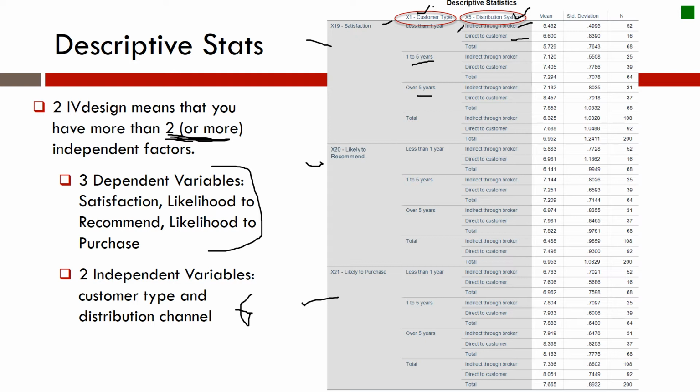You could find, for instance, that the groups of customers vary across these 3 dependent variables. You may find that they also vary across the 3 by distribution system.